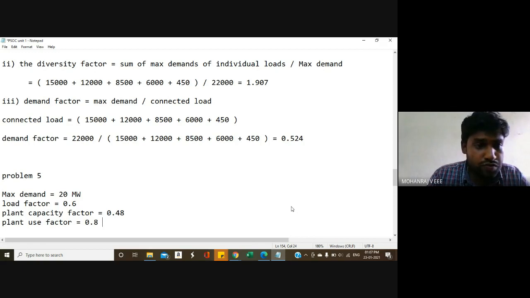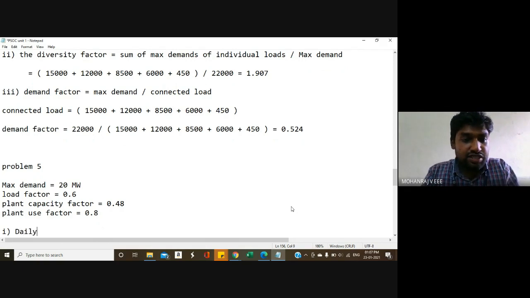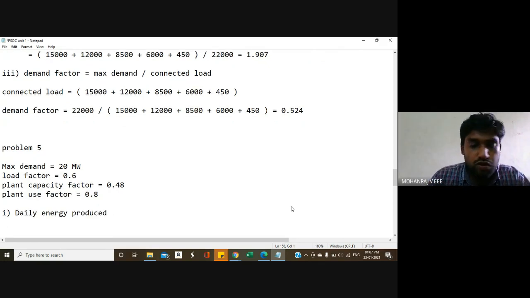They have asked us to find the daily energy produced. Fine. So, how do we find this daily energy produced? You know the load factor value.